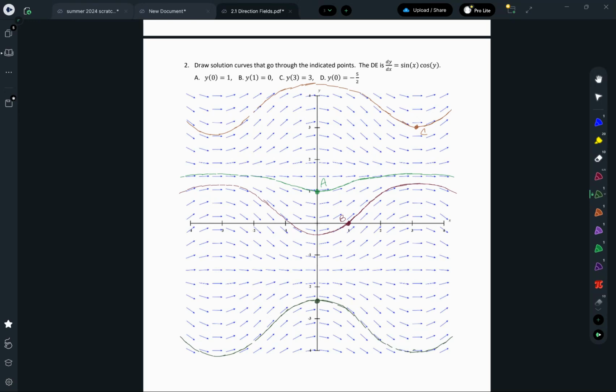Just practice filling in some of the solution curves and then compare it to what you have on WebAssign. I know that that's more work, but that's the important work. That's really understanding what you're doing and not just eliminating the worst choices so you can say that what's left over is the answer.